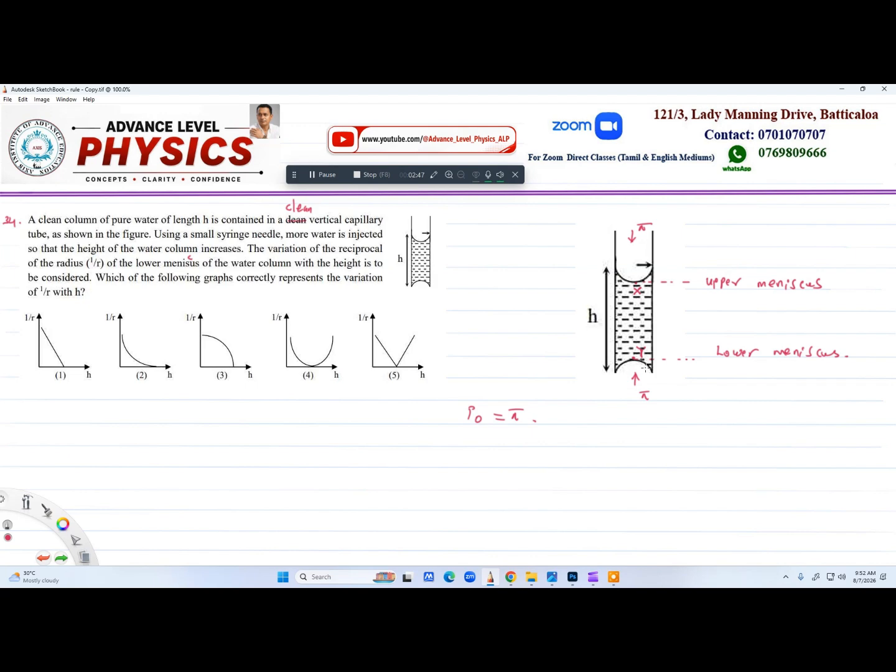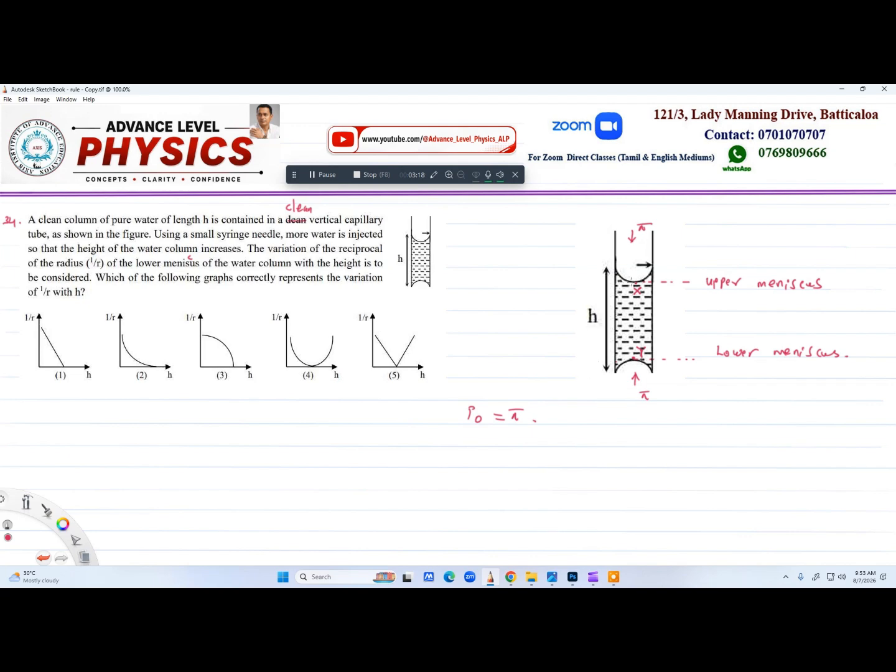The radius of this meniscus will vary. At one instant it will become flattened, and thereafter the shape will go something like this. That means in the lower meniscus the angle of contact we can't neglect, right? So here, for the upper one, we can consider it as 0.